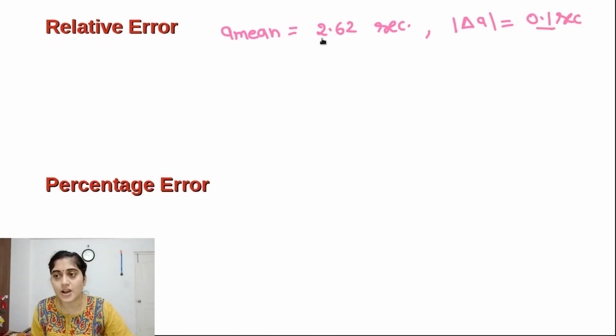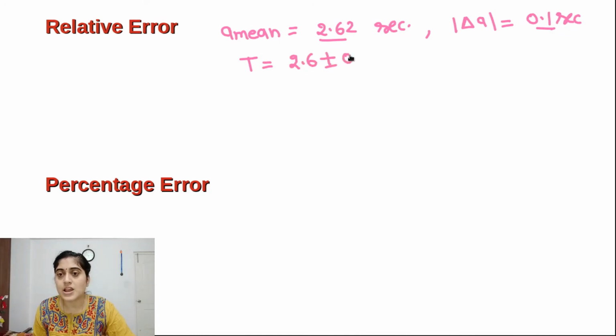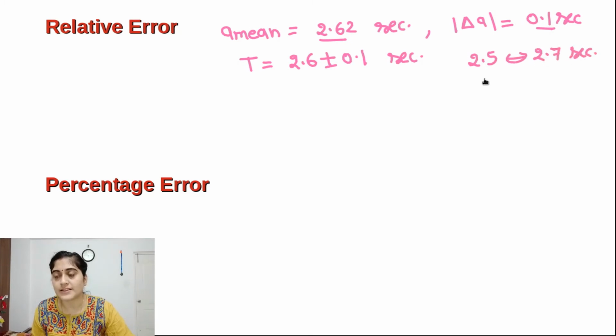We took it up to the 10th position, so here also we will take the mean up to the 10th position. So the value of the time period is 2.6 plus minus 0.1 seconds. So the time period will vary from 2.5 to 2.7 seconds. Okay.